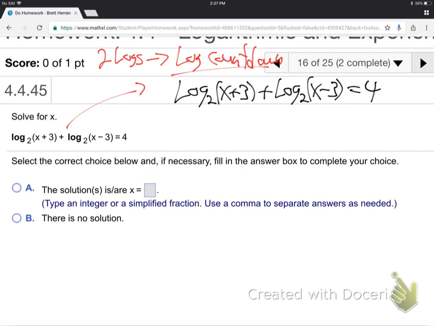Okay, log countdown. What I mean is I'm going to go from 2 logs, to 1 log on the next line, and the line after that, no logs. So 2 logs, 1 log, no logs. That's what you want.